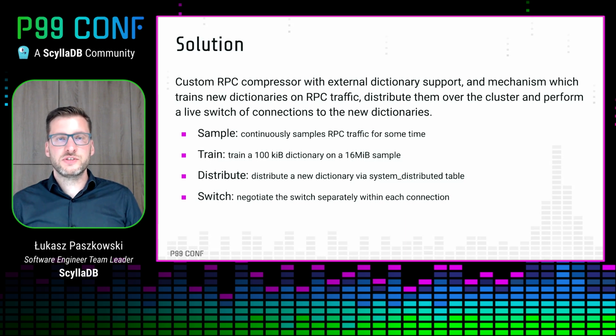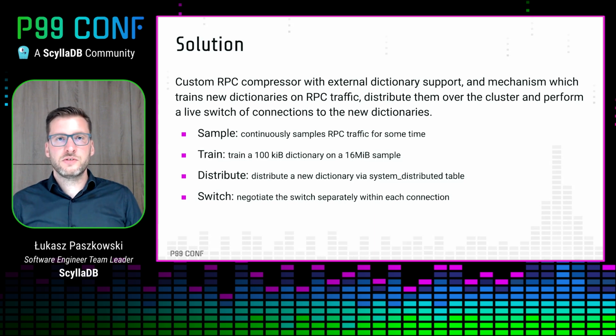When sampling finishes, a dictionary is trained over the sample, calling the ZSTD executable. A new dictionary is then distributed via Scylla tables. A dictionary trainer inserts a tuple, a timestamp, and a dictionary content into a table. When a new dictionary becomes available on both sides of the RPC connection, the connection switches to the new dictionary.